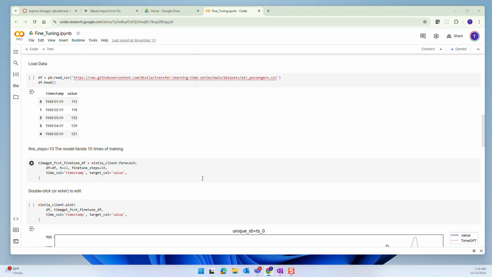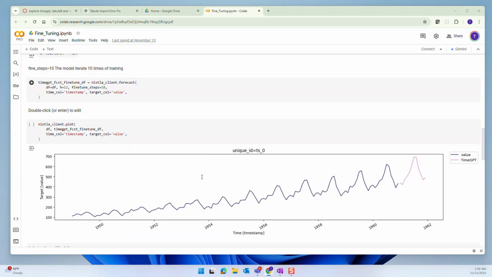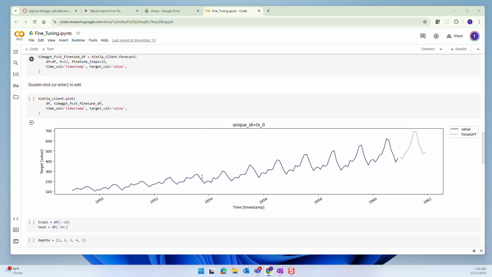Basically, it's going to do 10 iterations of fine tuning, and then these are the plotted results where you have your column of timestamp and the target value.